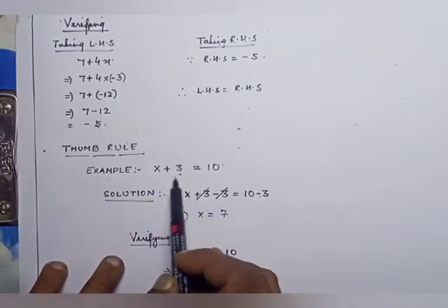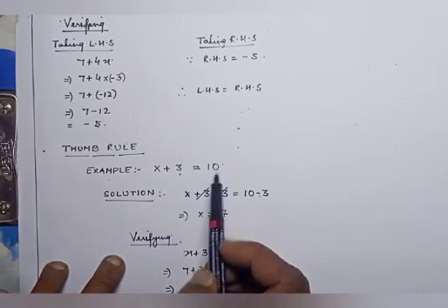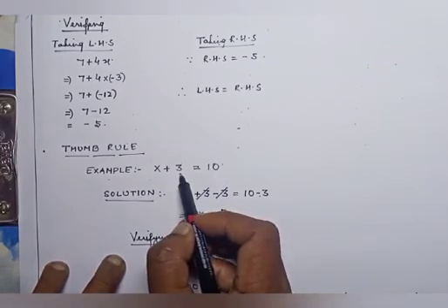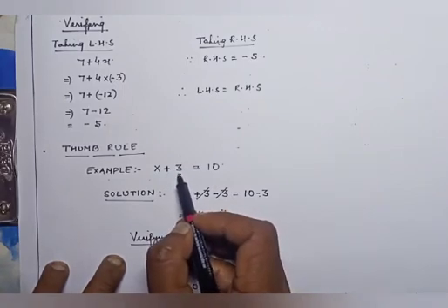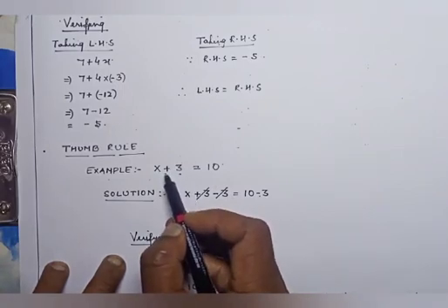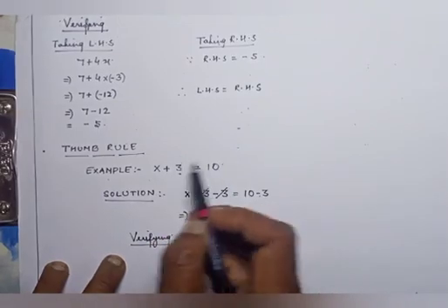Means if x plus 3 is equal to 10 is given over here, whatever the value of 3 is, whether it is positive or negative, we are going to place the same number along with the opposite sign on both the sides.